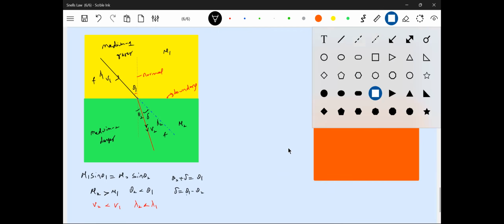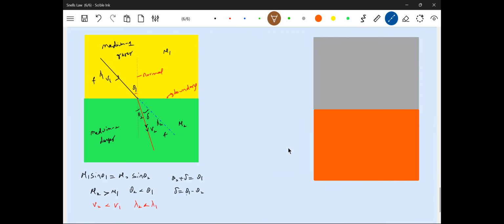Let this be the normal, and there is a boundary. Now the ray of light is incident from denser to rarer medium.